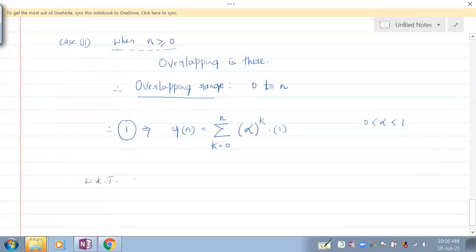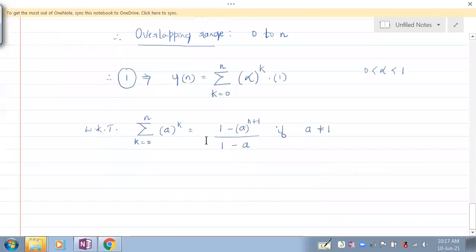We know that, maybe you know, I don't know, if you have the summation k ranging from 0 to n of a power k, then it can be given as 1 minus a to the power n plus 1, divided by 1 minus a. This is true if a is not equal to 1.